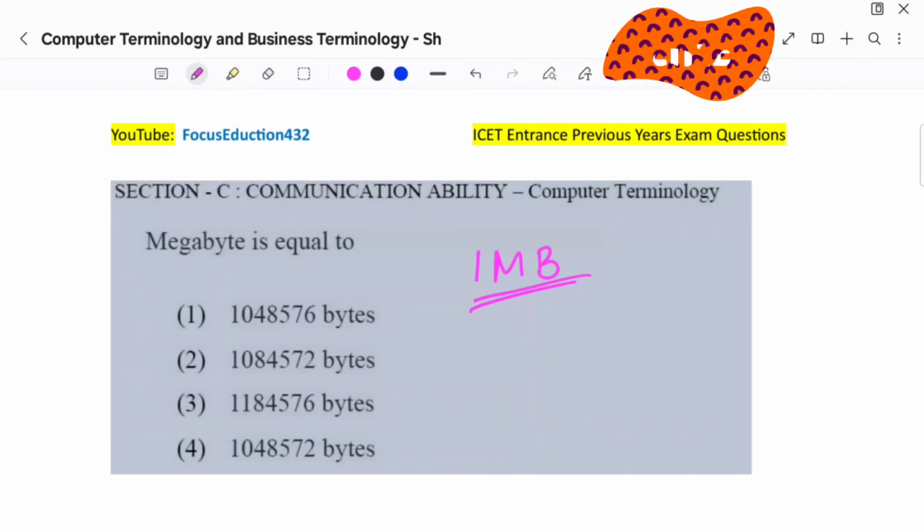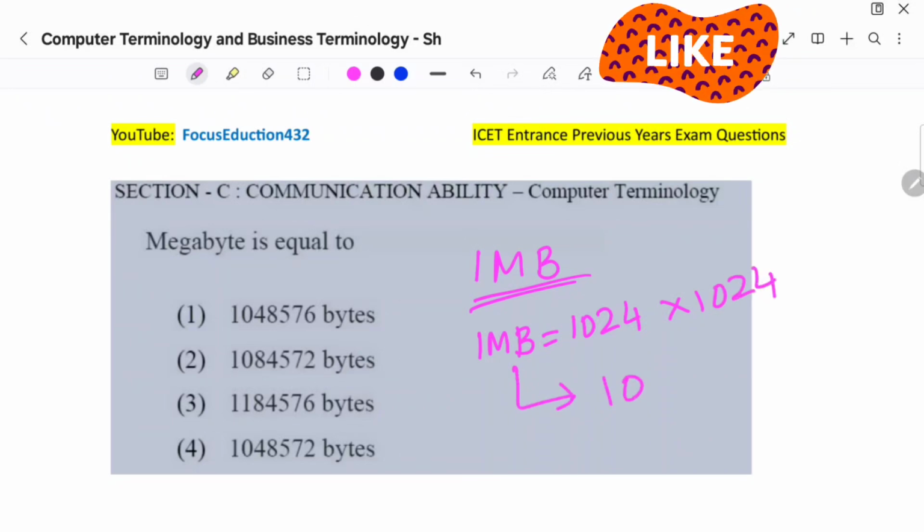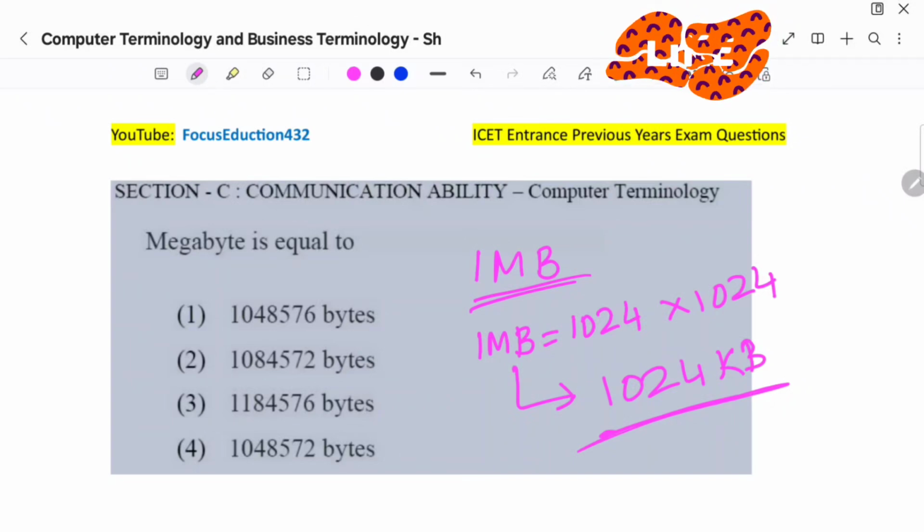So what is 1 MB equal to? 1 MB is equal to 1024 kilobytes. 1 kilobyte is again 1024 bytes.